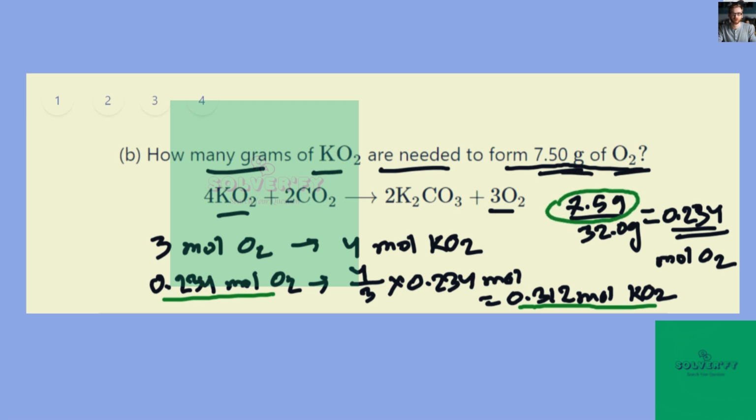Now, from this number of moles, you can find out the mass of KO2 which is required. So we just simply multiply this number of moles of KO2 by the molar mass of KO2, which is 71.1.